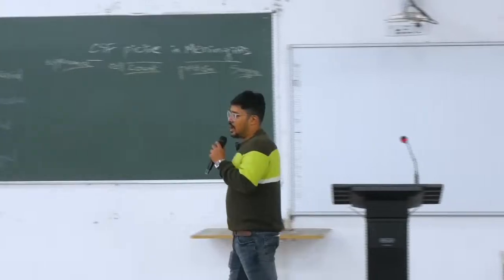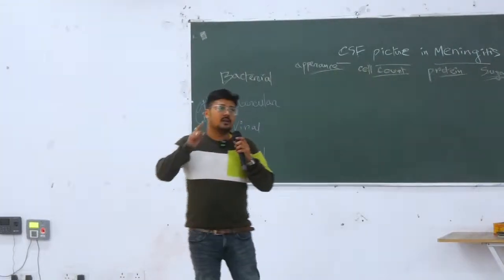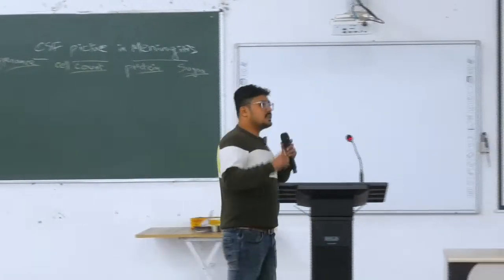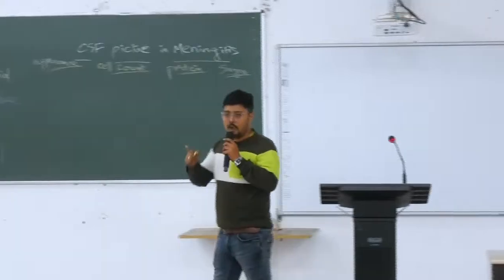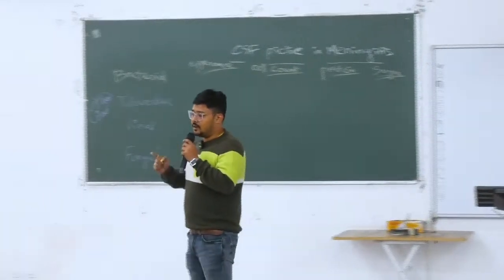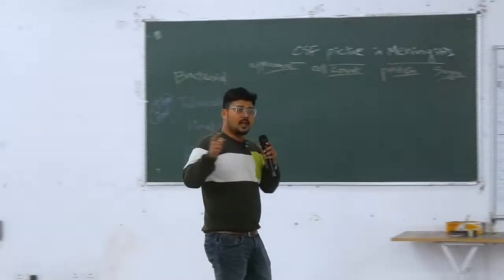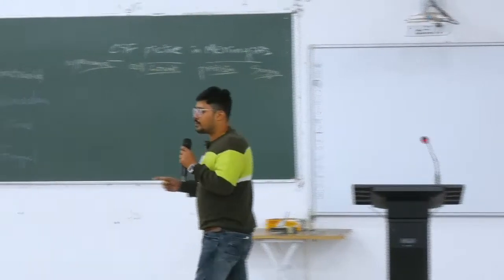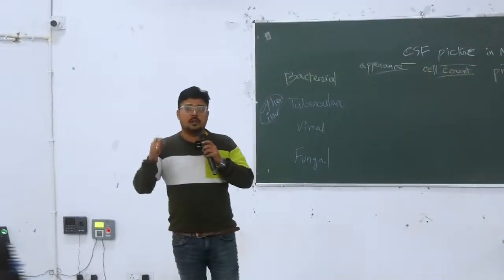So, as I told you earlier, CSF appearance is colorless, clear fluid, viscosity same as water. But any kind of meningeal involvement, any kind of meningitis, whether it is bacterial, viral or fungal, this clarity of CSF will be lost. So, the clear colorless appearance will be lost.